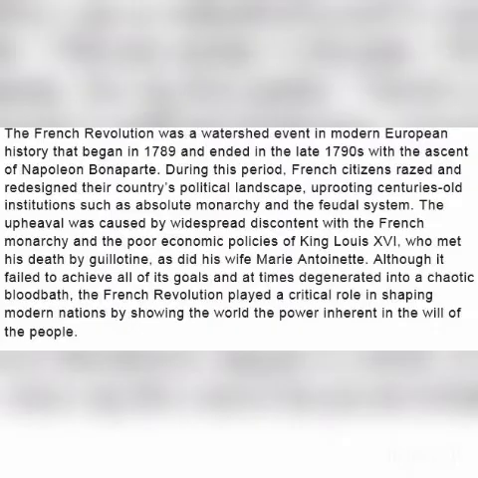The French Revolution was a watershed event in modern European history that began in 1789 and ended in the late 1790s with the ascent of Napoleon Bonaparte.